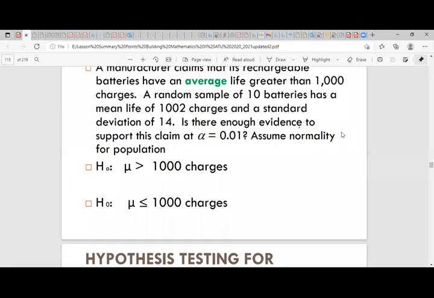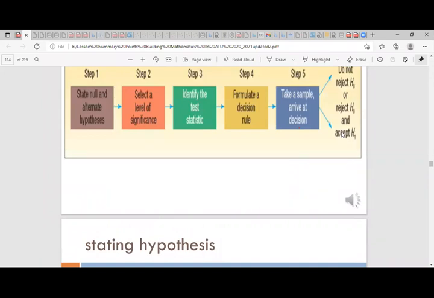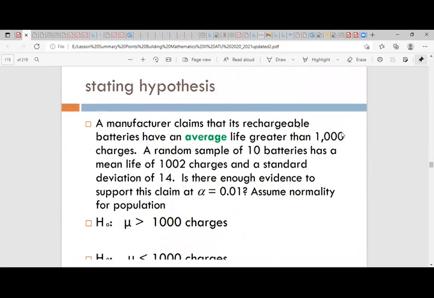So we want to take each step and explain the various steps and see how this whole thing works out in an example. So let's look at step one.